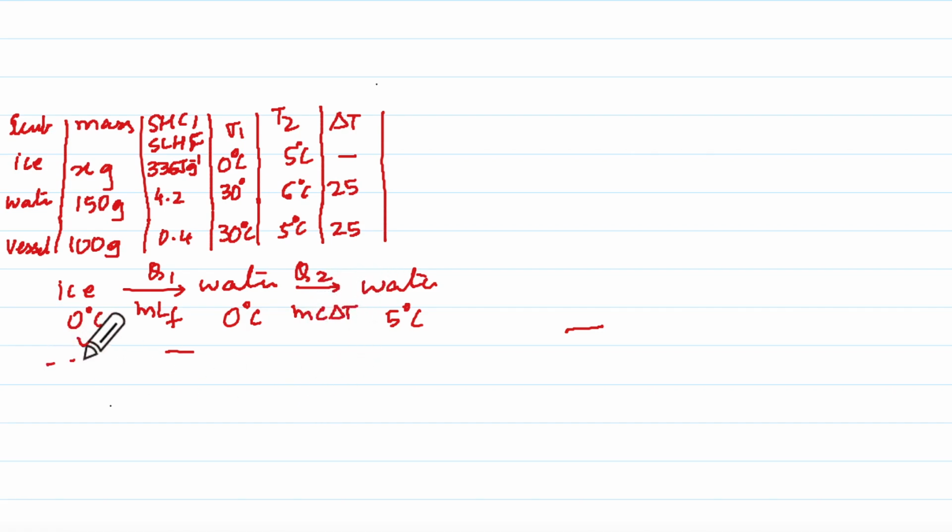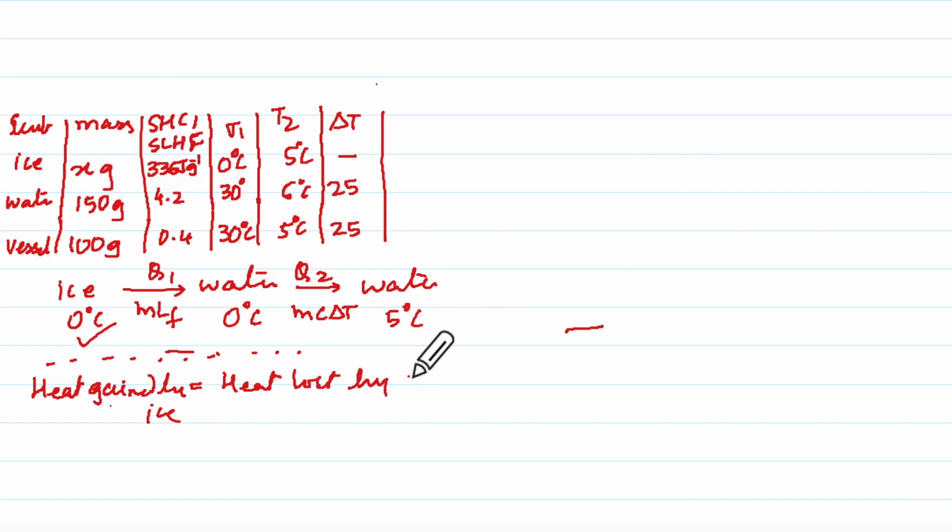Alright, so by the principle of calorimetry at equilibrium, you will have the heat gained by ice is equal to heat lost by water. Heat gained by ice is equal to heat lost by what? Water. You all are writing, right? Please do not sit and stare. Write it down because your fingers need the exercise.